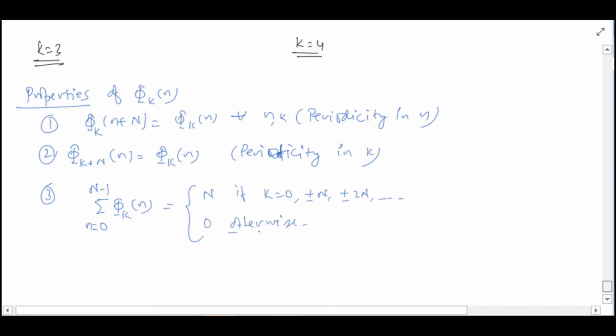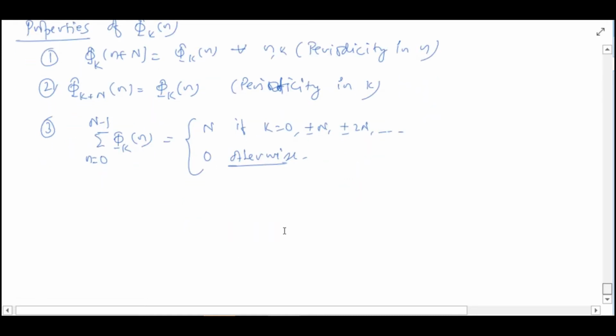This is a property that can be easily verified by carrying out the summation. Finally, the fourth property says that the product of complex exponentials phi k of n and phi m of n is phi k plus m of n.